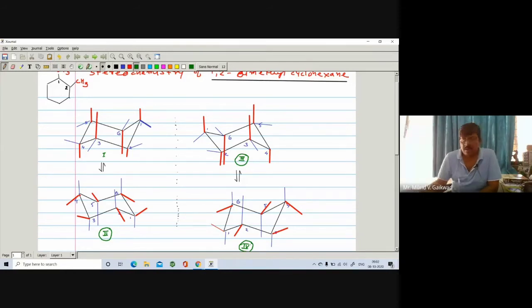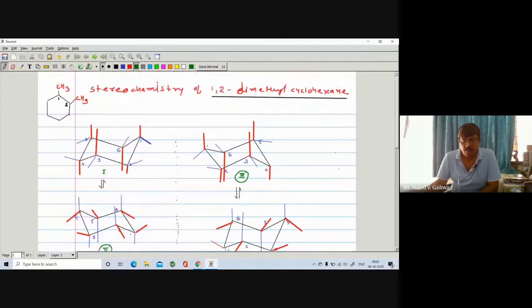We are discussing 1,2-dimethyl cyclohexane. Here, in 1,2-dimethyl cyclohexane, two groups are replaced by methyl groups at the 1 and 2 positions. So I will write here both groups are methyl.